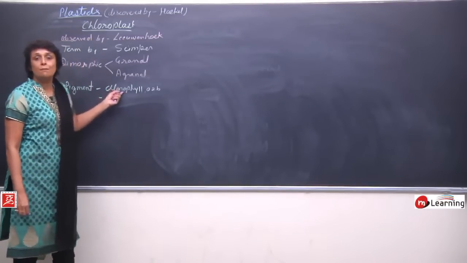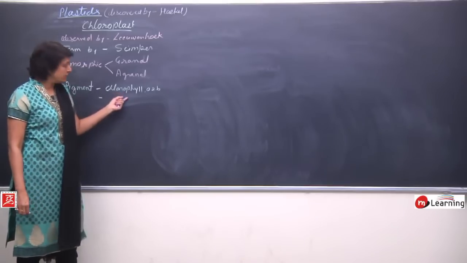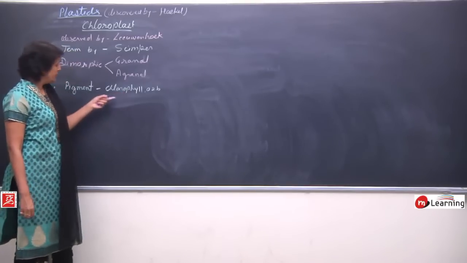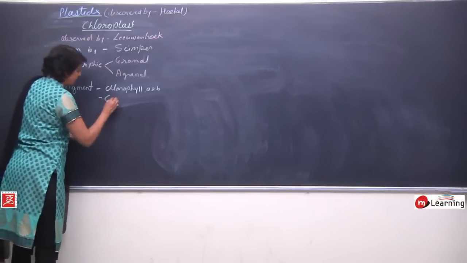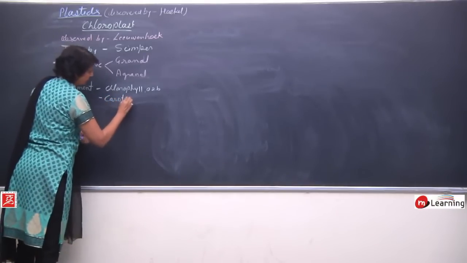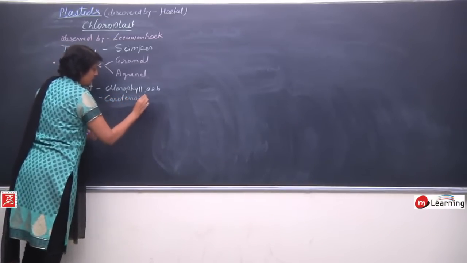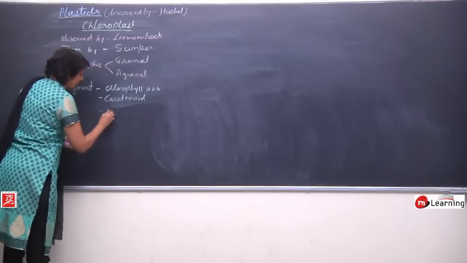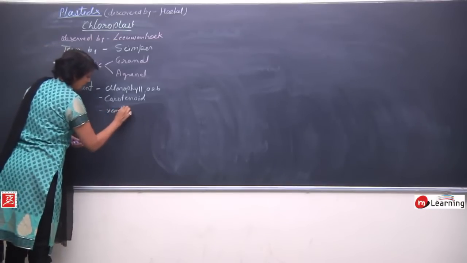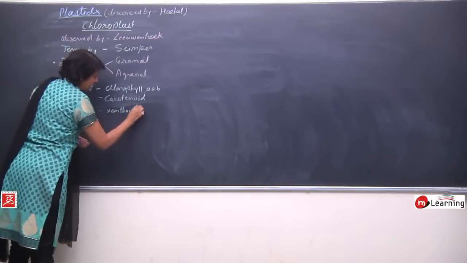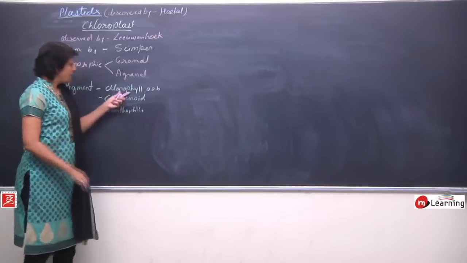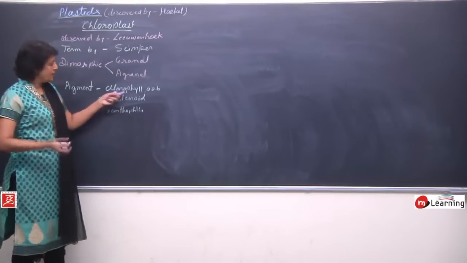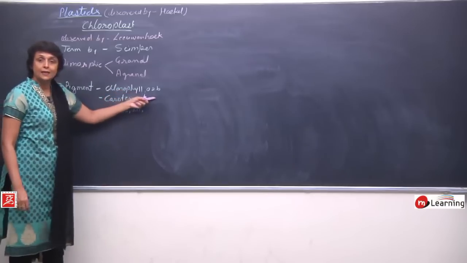So chlorophyll will mainly participate in the photosynthetic reactions, but there are other pigments which need to help. So those accessory pigments are carotenoids, xanthophyll, phycobilins, phycoerythrin. There are many, but the predominant one is chlorophyll, A and B.